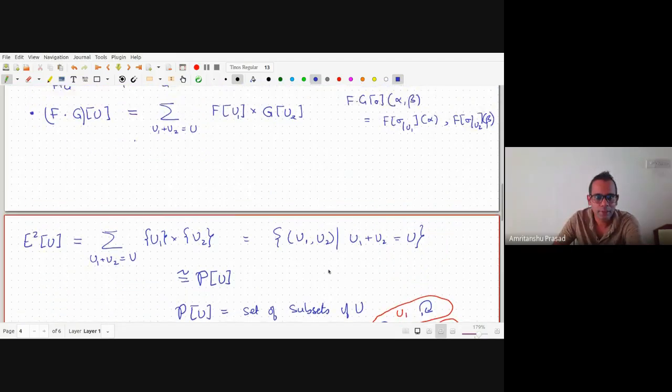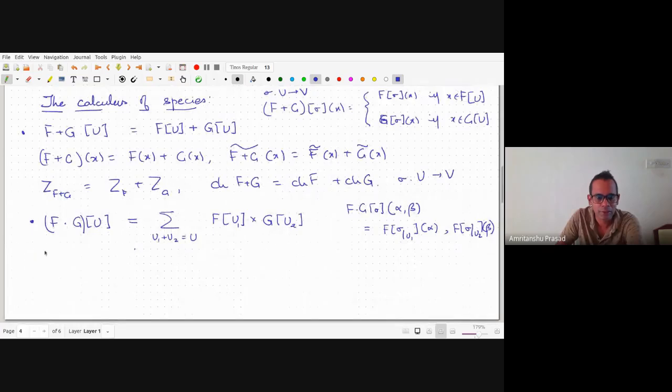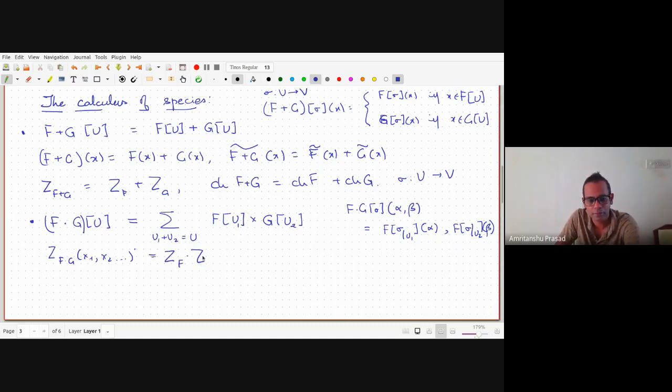Okay, so let's see what the generating functions are. The only thing I need to write here is that Z_{F·G}(x1, x2) is Z_F(x1, x2) times Z_G(x1, x2), so that it is multiplicative.